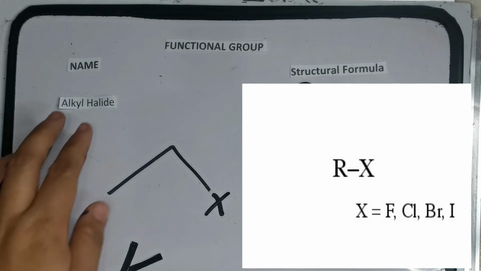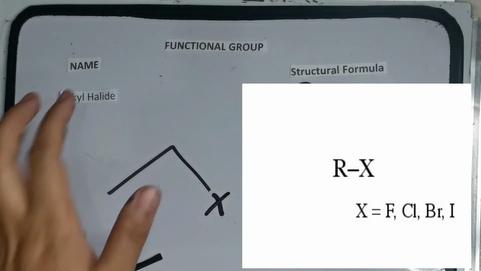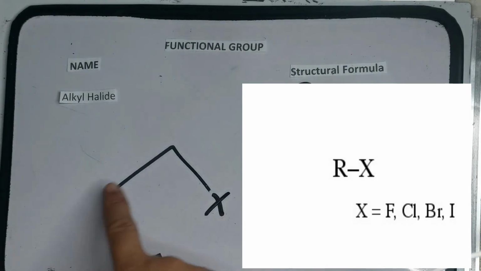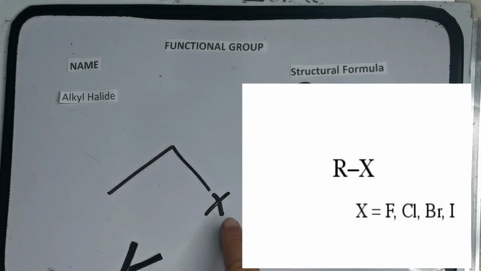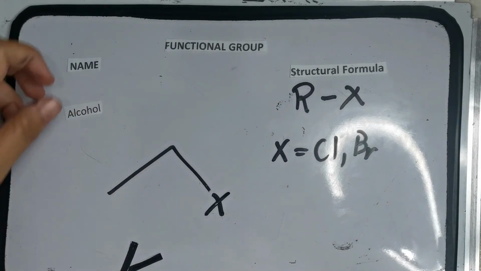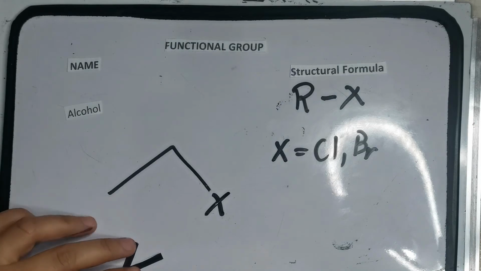Alkyl means carbon and hydrogen, and halide represents the halogen. So, that is our structure. This is the R, the rest of the molecule, and X represents chlorine, bromine, or any halogen.